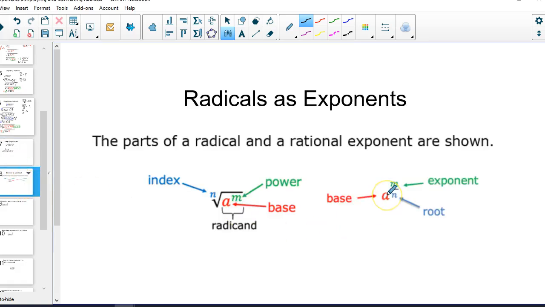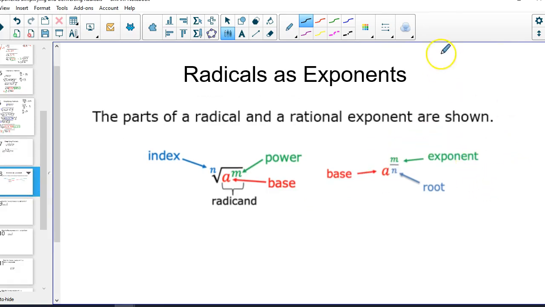Now, let's get into what we can use to adjust our radicals into exponents. Now, these are our radicals here. The ones that have this radical shape to it, our square root, our cubic root, those are all radicals.